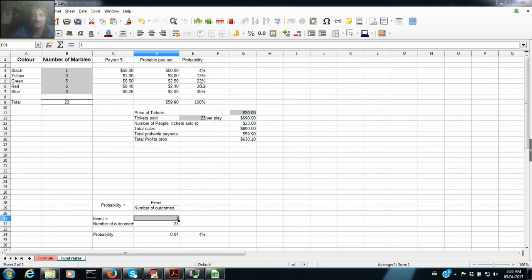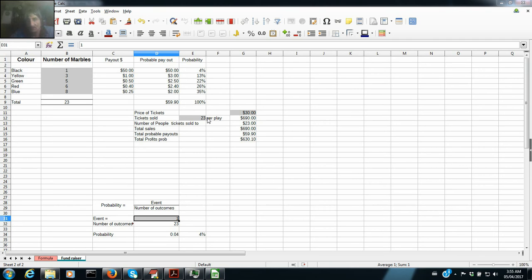They've got a 22% chance of getting $2.50, a 26% chance of getting $2.40, and a 35% chance of getting $2. And we see that our totals work out to 100%, and the total probable payout is $59.90.